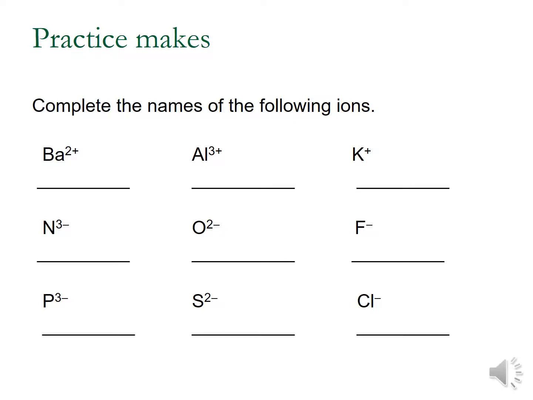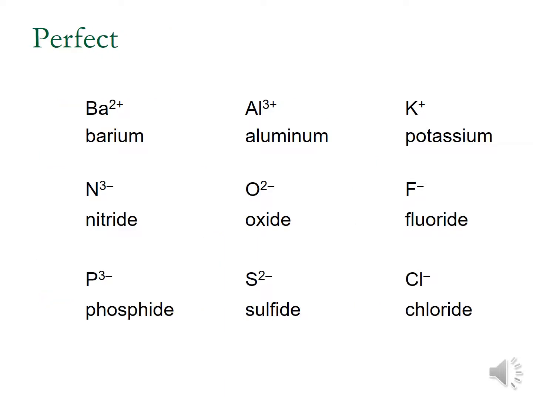Let's practice naming these ions. Ba+2 would be barium. Remember, no change is made to the name of the element for the positive ions. Al+3 would be aluminum. K+1 would be potassium.